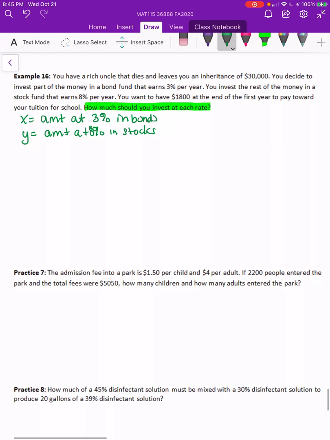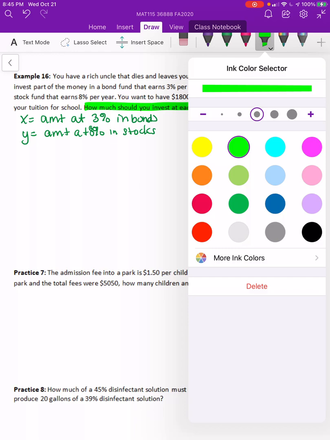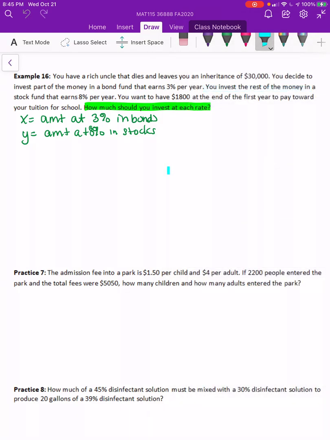All right, so let's go see what other information they gave us. And again, our goal is to make two different equations. So do not be tempted to start throwing these into one equation. Don't try to mush all the numbers into one equation. So the first equation is going to be a total. It's going to come from this $30,000.